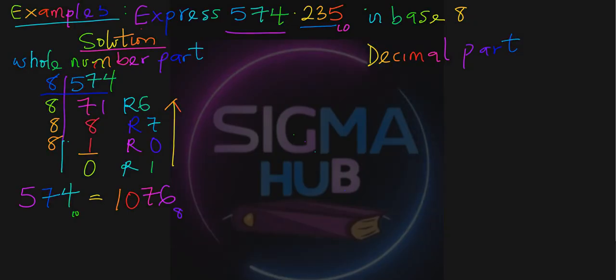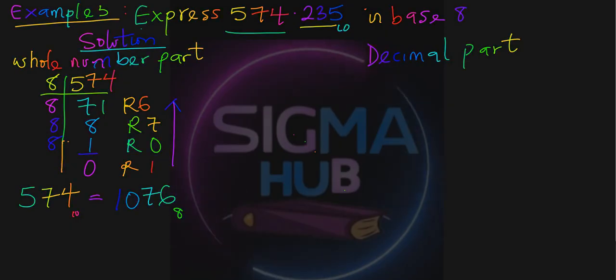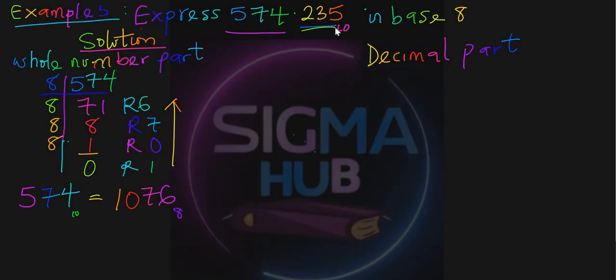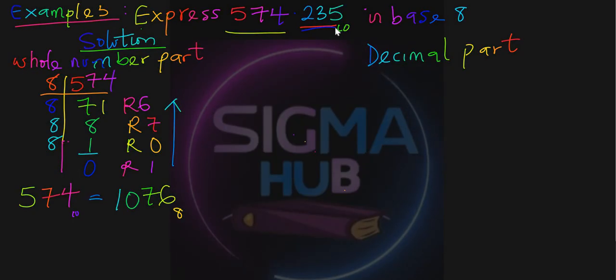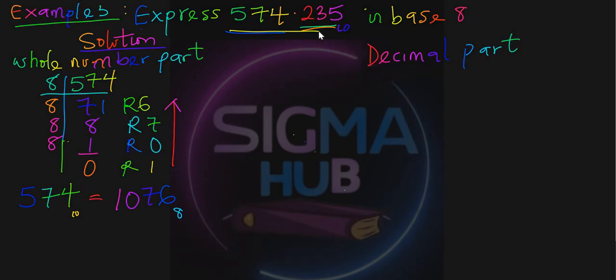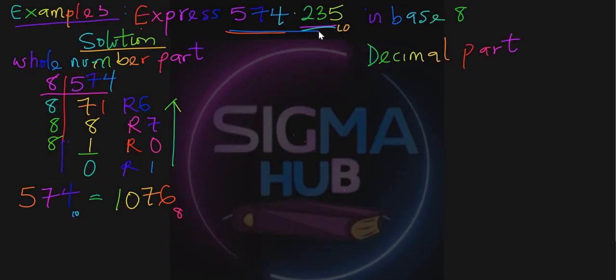Now look into this. We are going to be multiplying 0.235, because that's the decimal part. I split the whole decimal number into the whole number part and the decimal part.